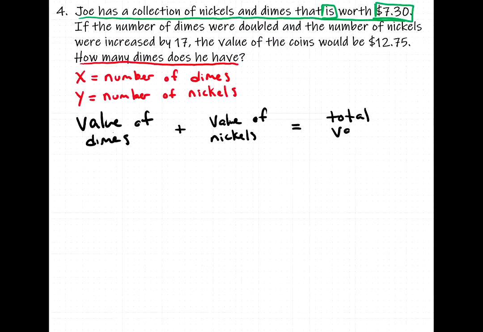the total value. So how much are those dimes worth? Well, one dime is worth 10 cents, but we have more than one dime. We have multiple dimes, and we don't know how many we have, but we're letting x represent that unknown number of dimes. So if one dime is worth 10 cents, then a group of x dimes is worth 10 cents times the number of dimes that you have.